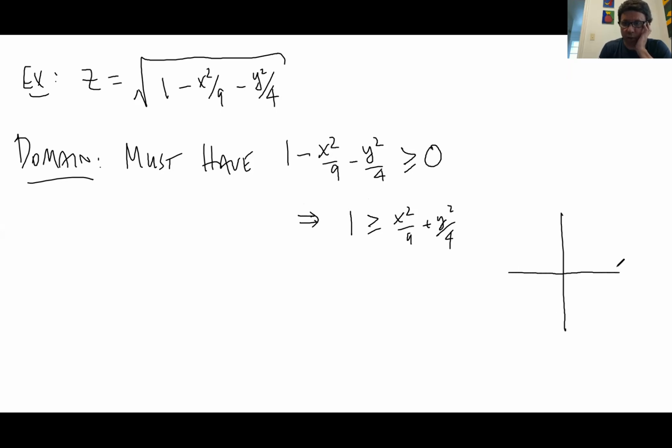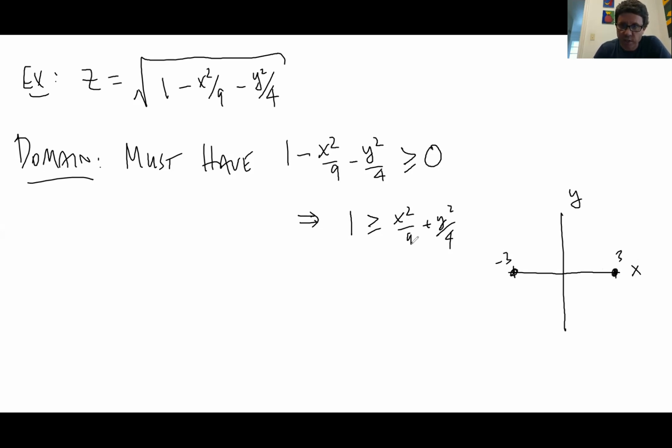What's the largest x or y could possibly be? The largest x could possibly be is 3, because if x is 3, then this will be 9 over 9, which is 1. And the other term, y squared over 4, is always going to add something positive to it. If you've already hit 1, you can't add more and still be at most 1. So the largest values you can get are 3 and minus 3 for x.